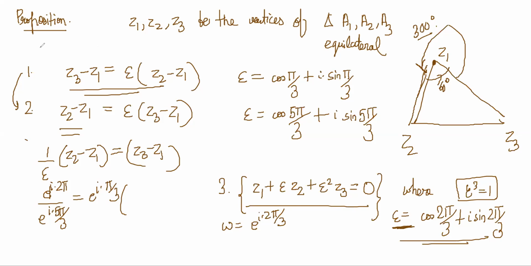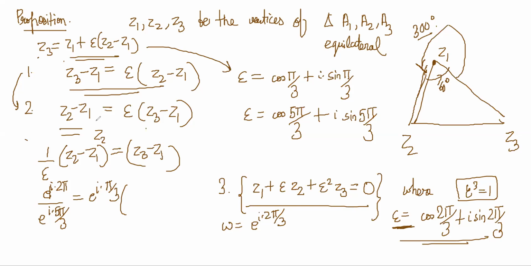Z3 is equal to Z1 plus epsilon into Z2 minus Z1, right? Where this epsilon is this, no? I will not even bother with Z3 anymore. I will use the Z3 in this and get Z2 also in terms of Z1.